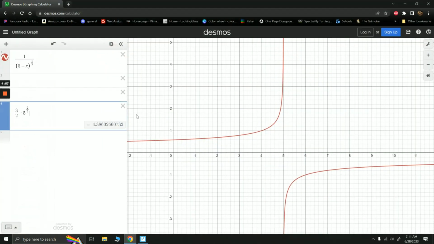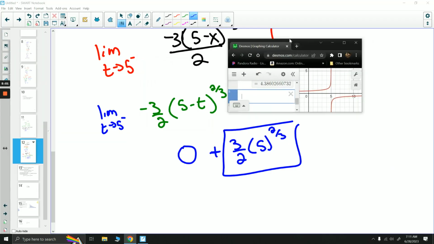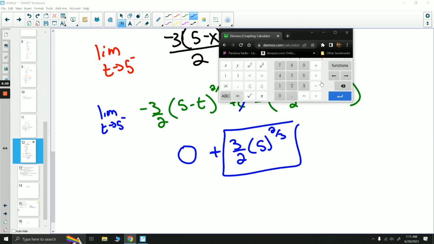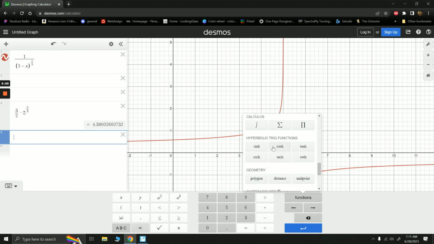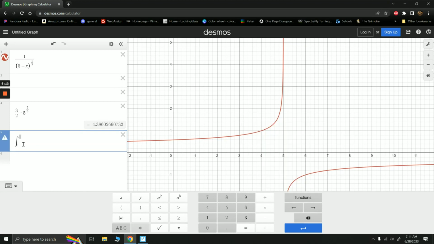Now we can potentially try and check this as an approximation, if nothing else. If we integrate this thing, since it's a definite integral, it's just an improper one.